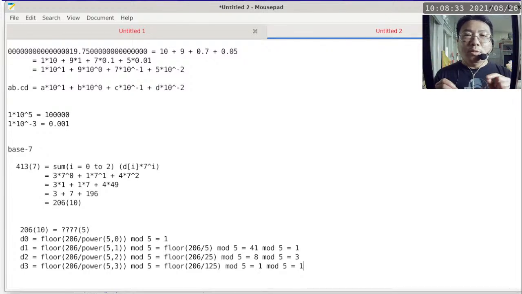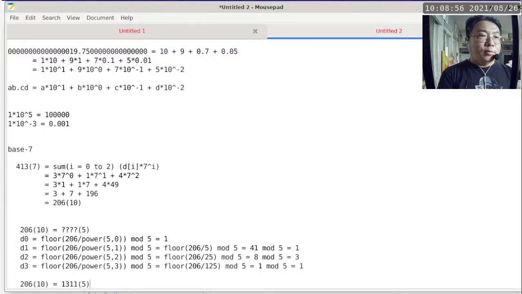D0 is the one that is immediately to the left-hand side of the decimal point, which in this case is not needed. And then D1 is the one to the left, and so on. So that means this really boils down to 206 in base 10 is 1311 as a base 5 number.